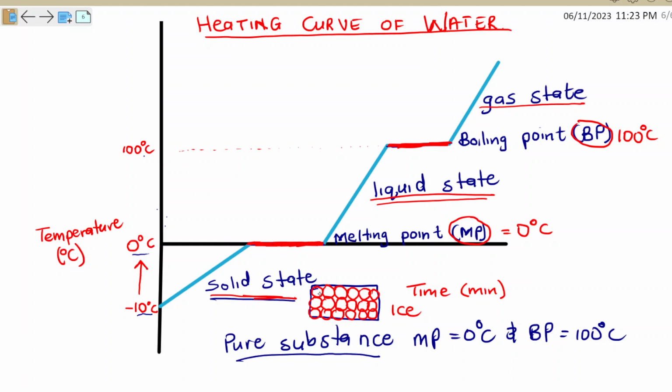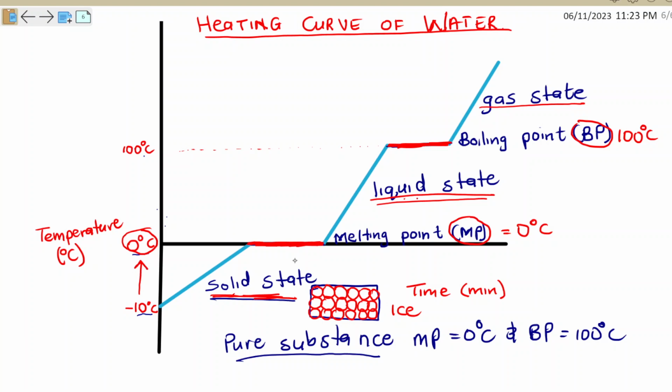So melting means when a substance changes from solid to liquid state. That's melting. But the melting point, the point where the water starts to melt, is the temperature where the substance, given enough heat, becomes a liquid, where a solid substance becomes a liquid substance.